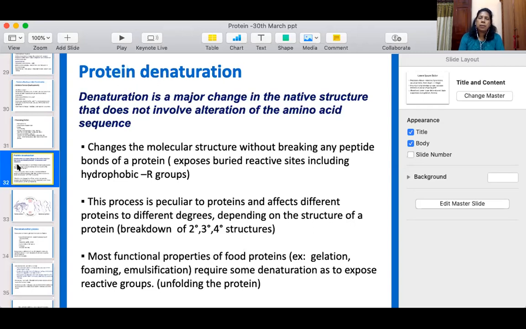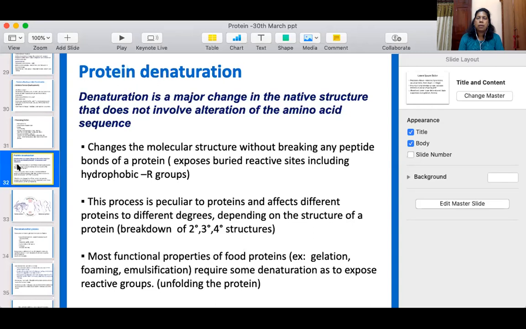Most functional properties of food proteins, for example gelation, foaming, and emulsification, require some denaturation to expose reactive groups, right? When we talk about gelation, we want to expose those reactive sites, so some denaturation is required.